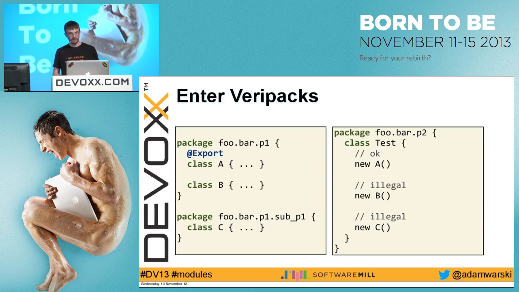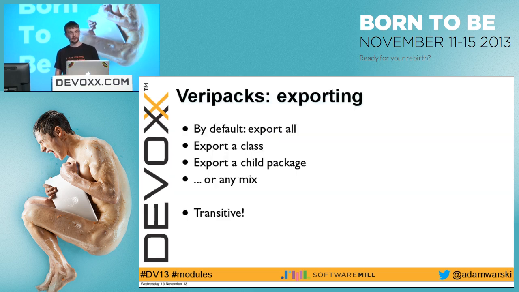Okay? So how does exporting work in more detail? By default, if there are no annotations, everything is exported. You can export a class. You can export two classes. Well, in fact, you can export any number of classes by simply annotating them. You can export a child package by annotating the package.